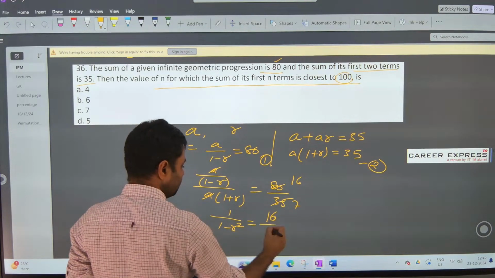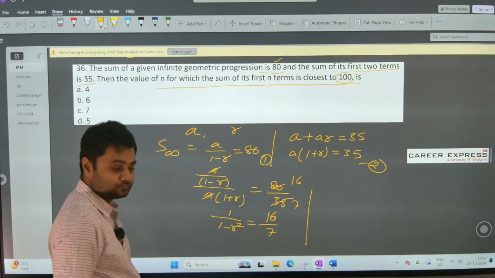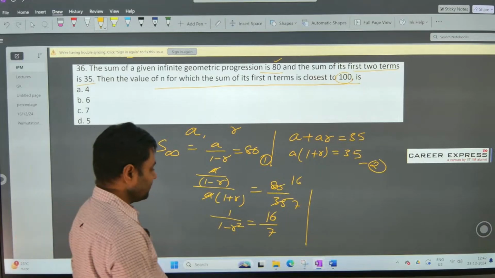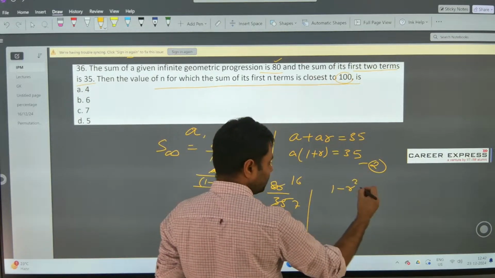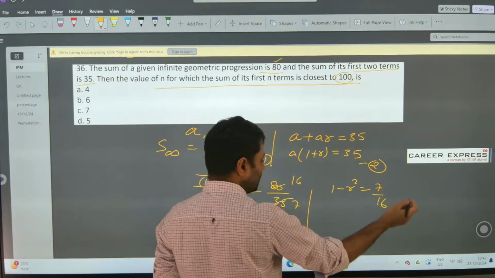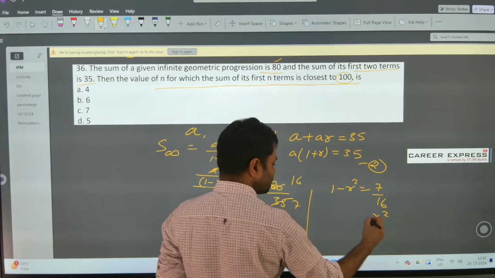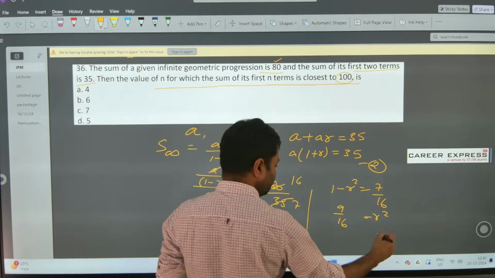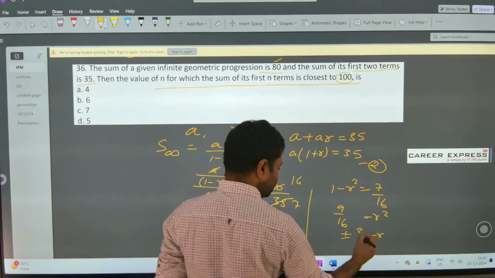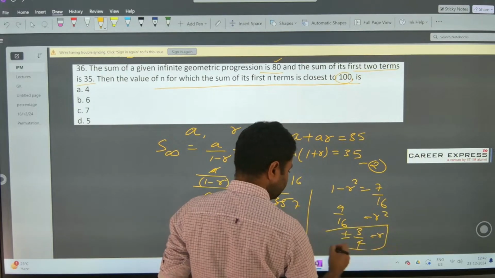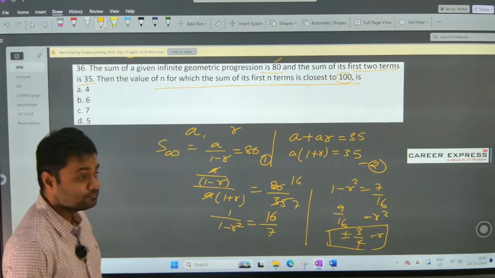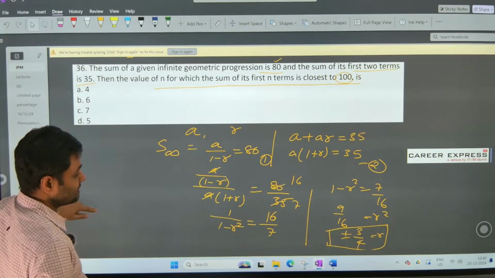So 1 minus R square is 7 by 16. By solving this, we'll get R square is 9 by 16, or R is plus minus 3 by 4. This is the value of R. R is plus minus 3 by 4.